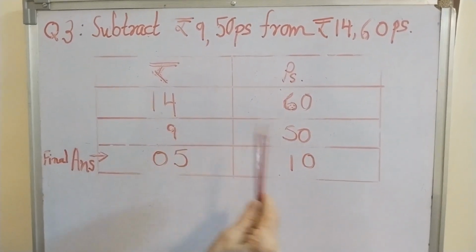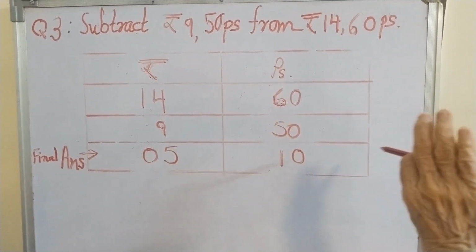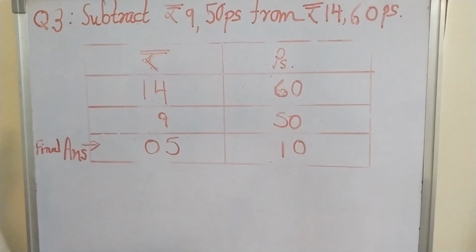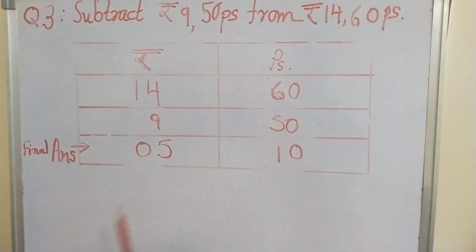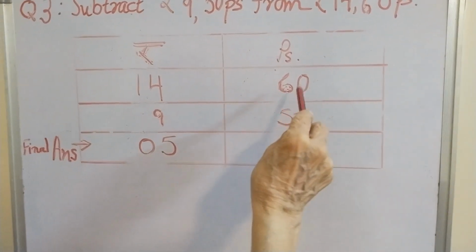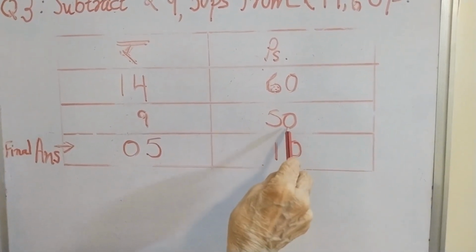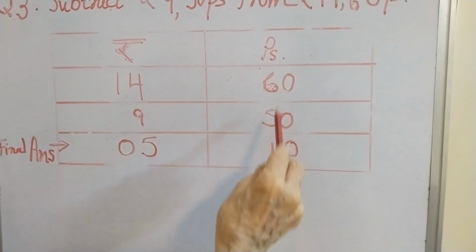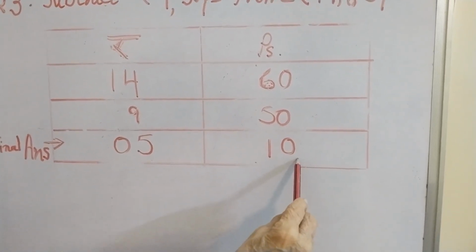Now here, Nani, as usual, paisas subtraction has to be done separately and rupees subtraction has to be done separately. Now here we can see that 60 is bigger than 50 and hence subtraction is possible here. 60 minus 50 means 10 paisas are left here.